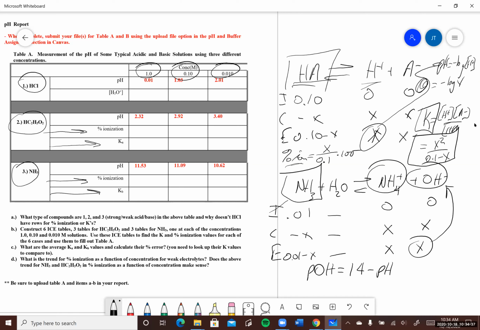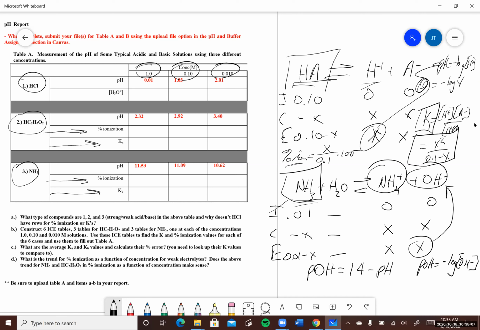And then once you figure out pOH, then you know that pOH equals minus the log of OH minus concentration. And again, that'll give you X, and X will allow you to calculate Kb, the equilibrium constant for the weak base, and also it will allow you to calculate the percent of that weak base that ionizes in the same way that we did that up there.